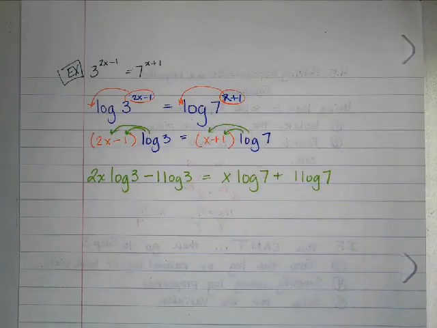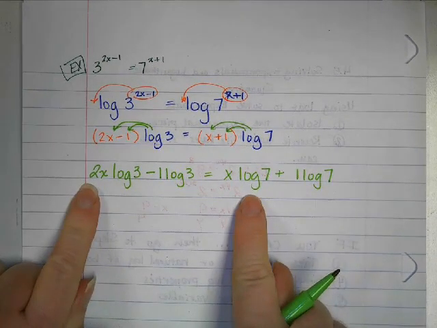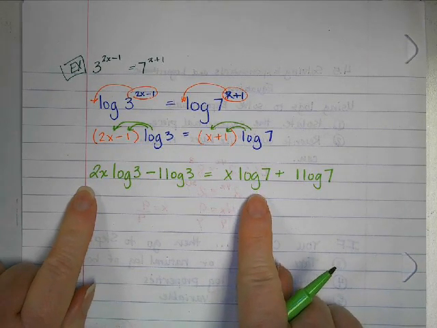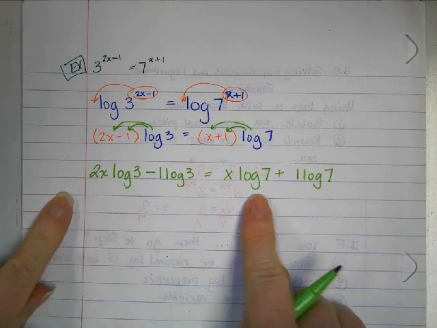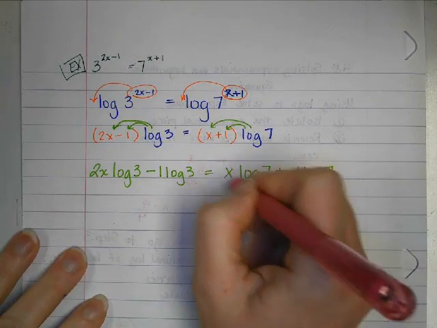Now our goal here is just algebra. It's to solve for x. So in this case, I have x's on both sides of the equation, and you're going to do what you've always done in algebra. Get all your x's on one side. So I'm going to just move them to the left, because again, that's kind of what we usually do, which means I'm going to take this one to the other side.